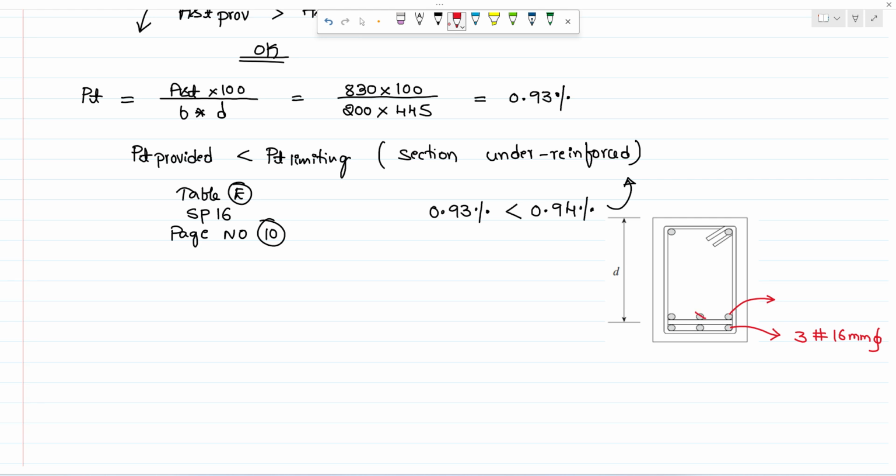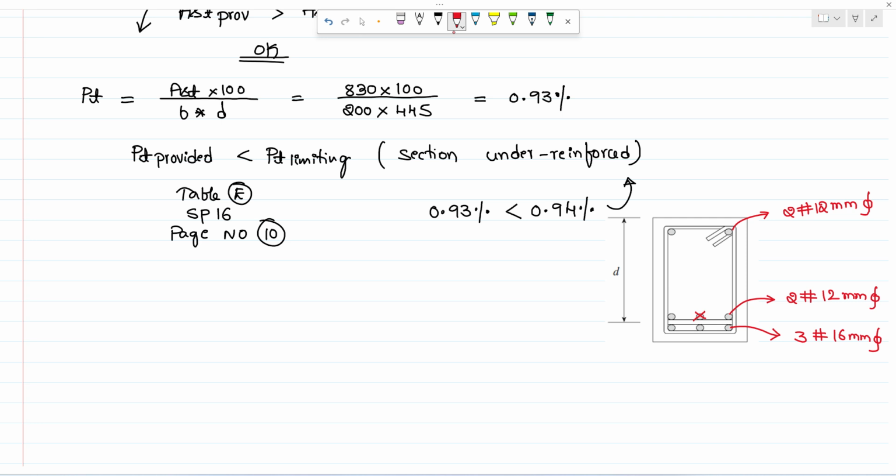So you remove this. So you will be using 2 bars of 12 mm dia, and these 2 are your compression reinforcement. So minimum you should have 2 bars of 12 mm dia.